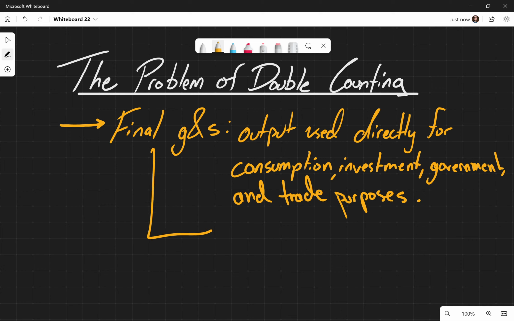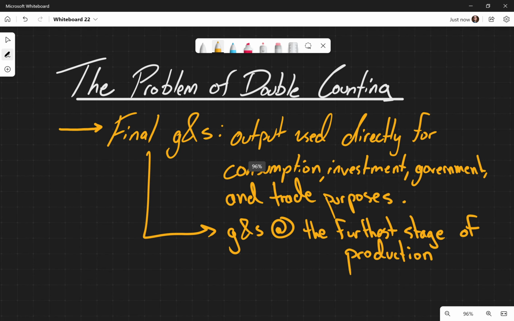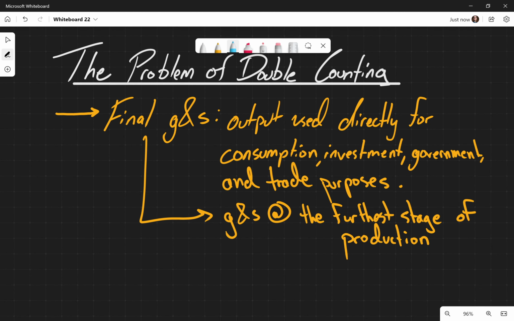So final goods and services are goods and services at the furthest stage of production. That will make sense once we define what intermediate goods and services are.